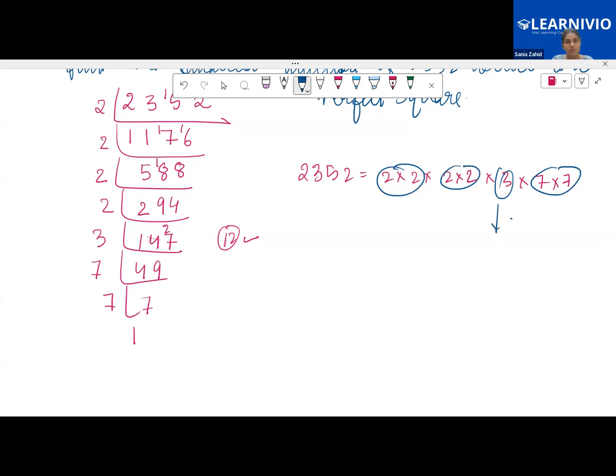If I add one more 3 to it, now I can make a pair with 3 as well. And now this becomes a perfect square. Right? So when I multiply 2352 with 3, what do I get? 7056. That means 7056 is the smallest multiple of 2352 which is a perfect square. Do you understand this?